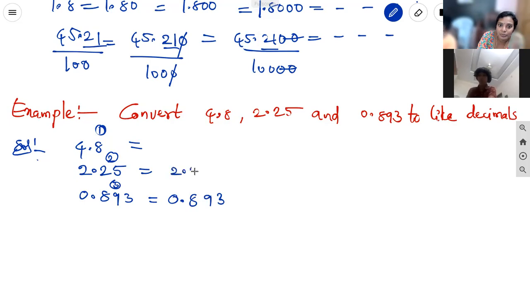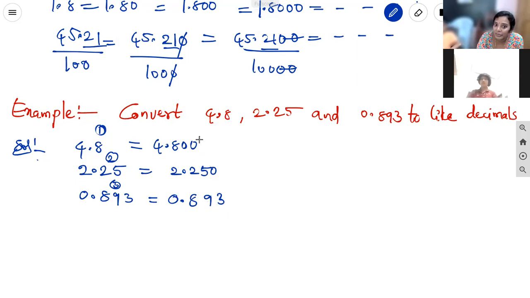2.25 written as an equivalent decimal is 2.250, and 4.8 is equal to 4.800, which is the equivalent. 2.25 is equal to 2.250. 0.893 is 0.893.